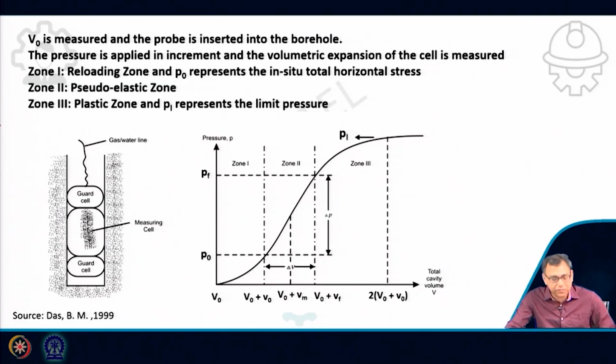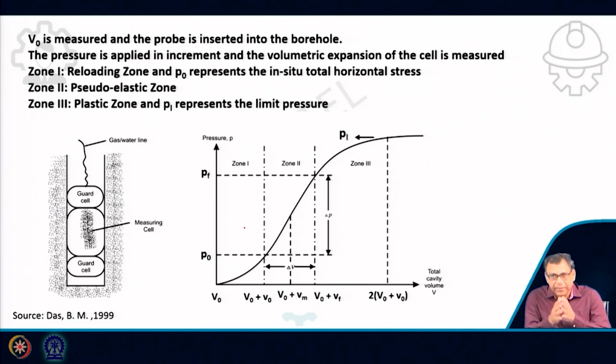Now, we have three zones. Zone 1 is called the reloading zone. When you make a borehole, the pressure within the soil is released, and the soil moves towards the center of the borehole.